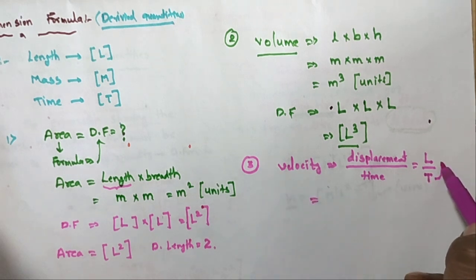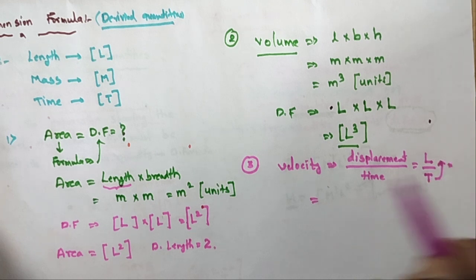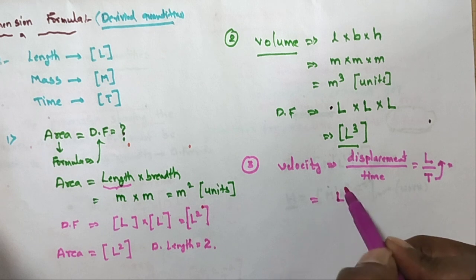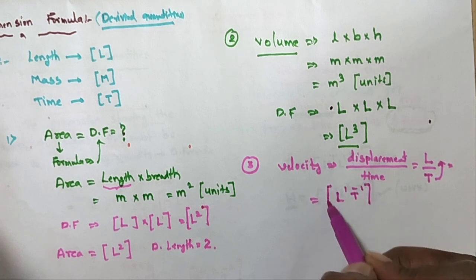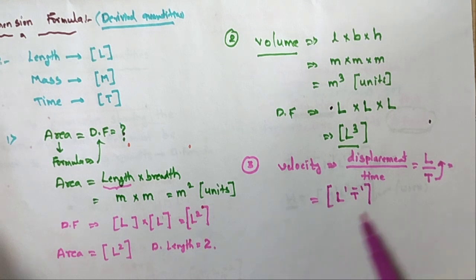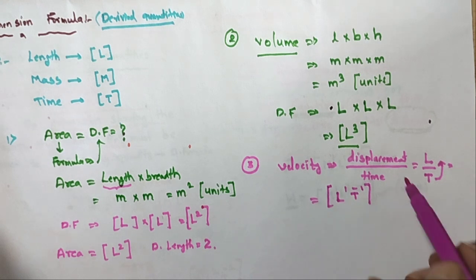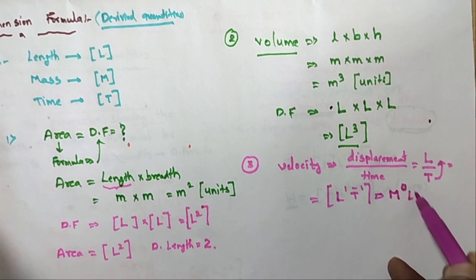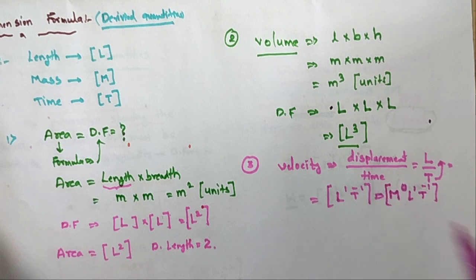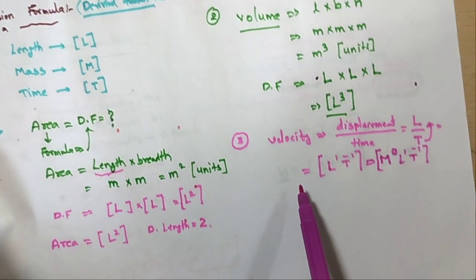T is going upward, so it shows the minus value. That is L1 T power minus 1. In this one there is no M value, so I will write in terms of M L T: M power 0, L1 T power minus 1. This is the dimensional equation of the velocity.